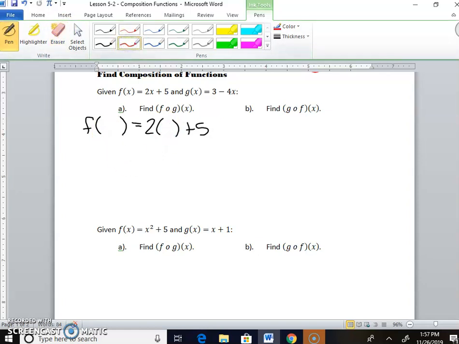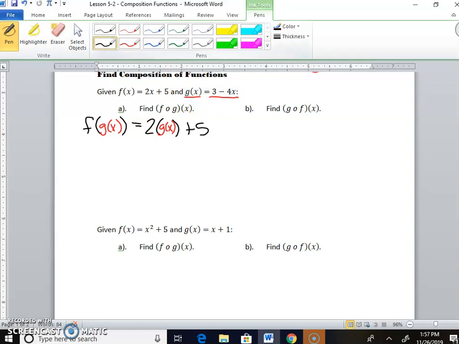So the difference is we discovered that f open circle g of x means f of g of x. So if I have a g of x right here, what needs to get plugged in over here? Well, that would be g of x. Now if I look up here, g of x actually equals 3 minus 4x.